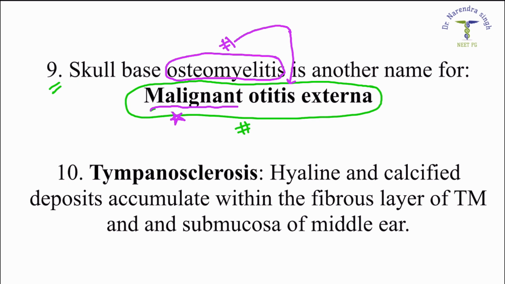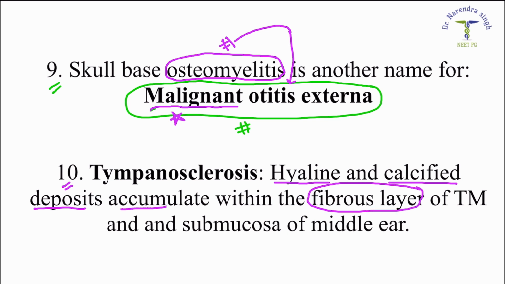Now coming to question number 10, which includes two questions. First, what is tympanosclerosis, and in which layer of the tympanic membrane does the deposition of calcified material happen? Tympanosclerosis is hyaline and calcified deposits which accumulate within the fibrous layer of the TM.